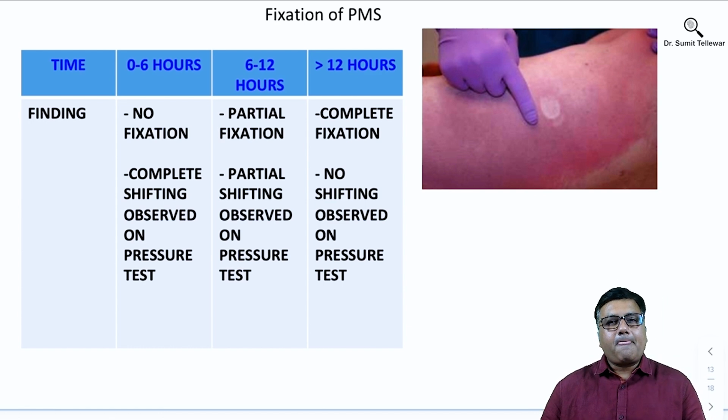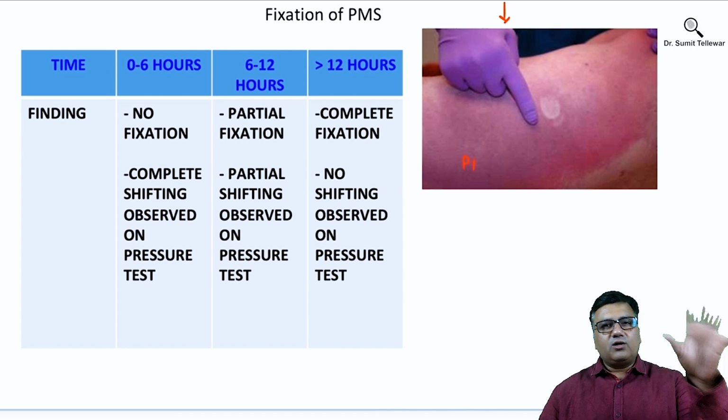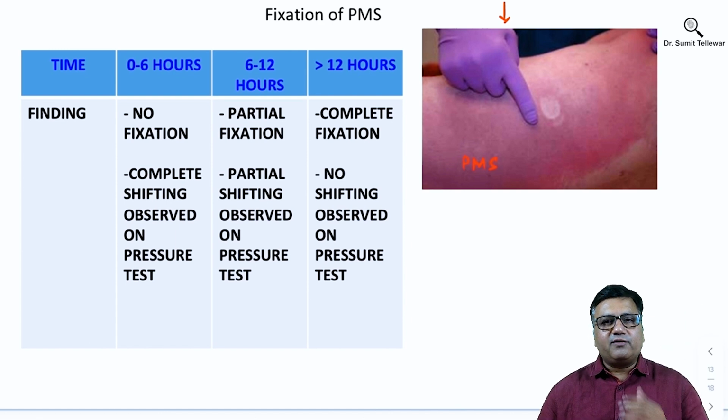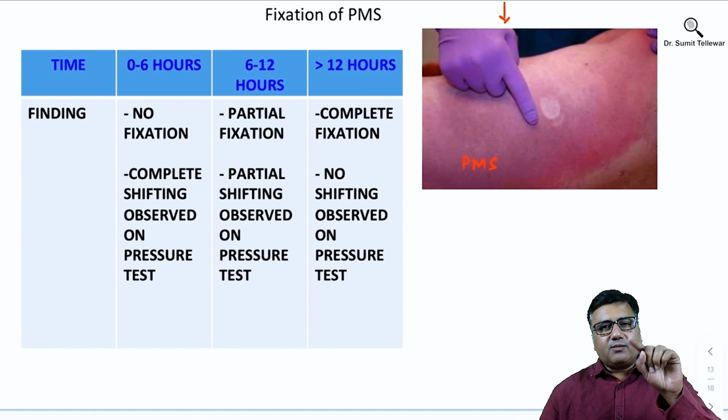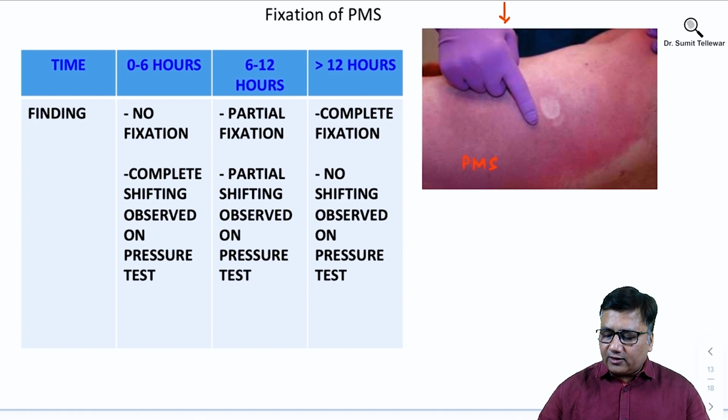Let's see how. If you first look at this photograph, what do we see? This discoloration is very well seen on the area of the body, which is post-mortem staining. And when somebody is pressing with his finger in the center of the discoloration, this area, because of the pressing of the finger, is getting pale.